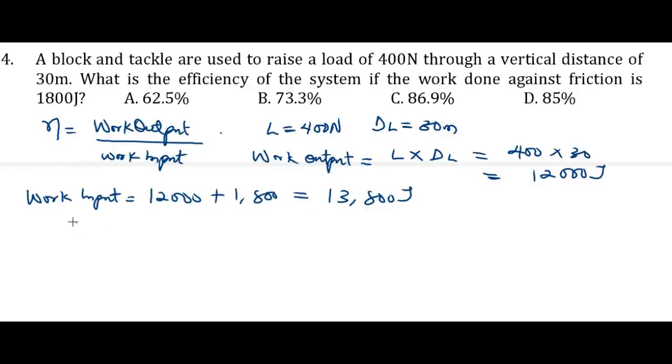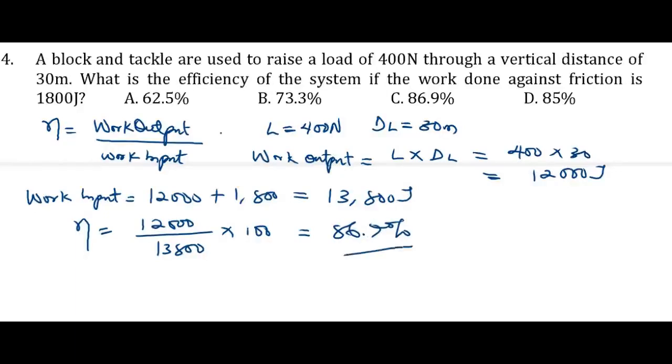That's our work input. So the efficiency will be work output all over work input multiplied by 100. And this will give us 86.9%. And that makes option C the correct answer.